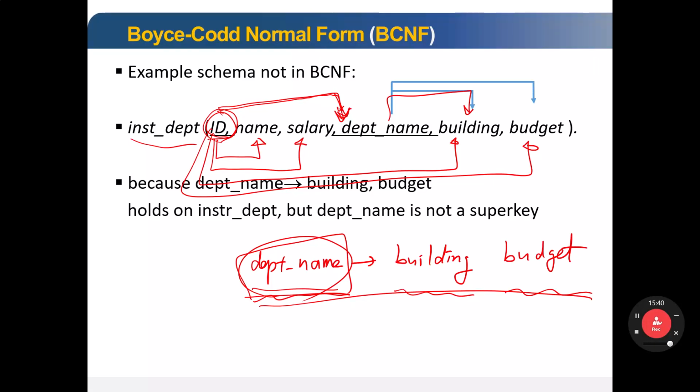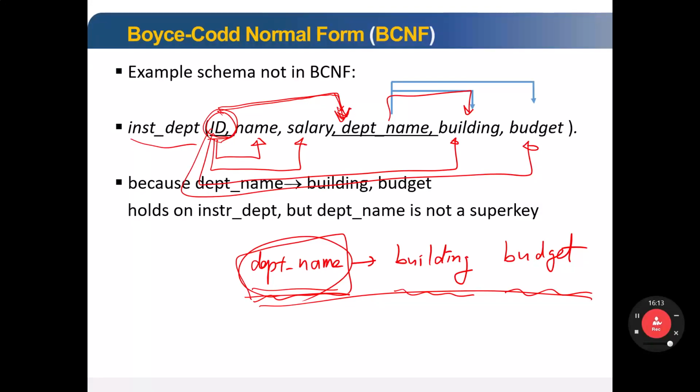So in the transitivity rule, ID is also a key of the building and budget, and in terms of this operation, I think it is okay for BCNF. Is it clear? No. Department name is the problem. Department name determines building. So building is dependent on department name, right? So department name is not a candidate key in this table, but it determines some other attributes of the table.